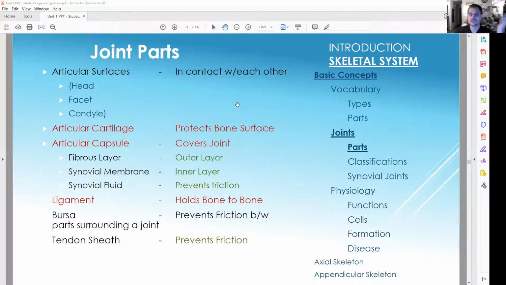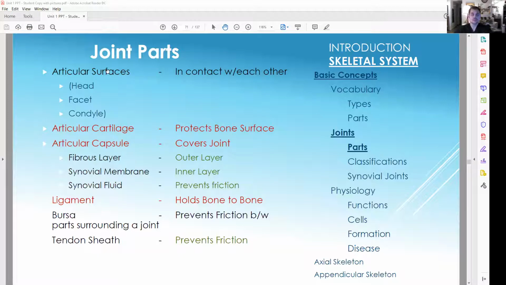So how do I know it covers 50%? Well, there's 1, 2, 3, 4, 5, 6, 7, 8, 9 items here. So you need to cover at least 50%. If you posted a video and the video mentions articular surfaces, the articular capsule, the fibrous layer, the synovial membrane, the synovial fluid, and then a ligament, well, that's 6 out of the 9.